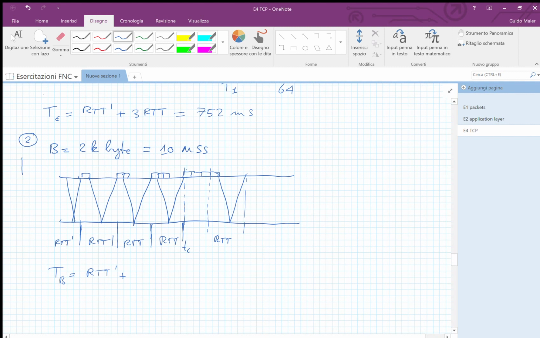Then we have 3 times RTT. Then we have this intermediate segment, which is equal to the transmission of 3 segments on the first link. So it will be 3 plus T1. And finally, we have this final segment, which is another round trip time. Okay.